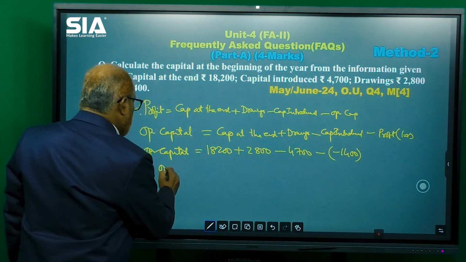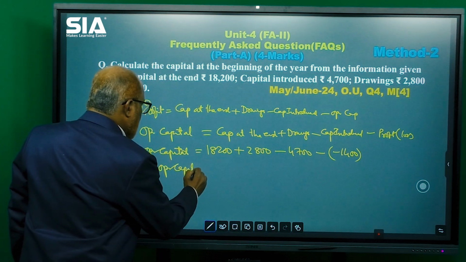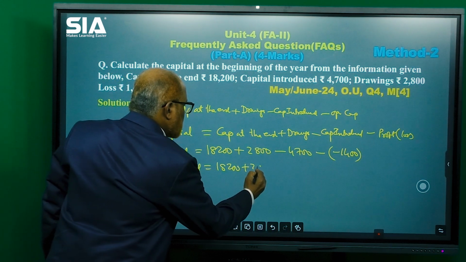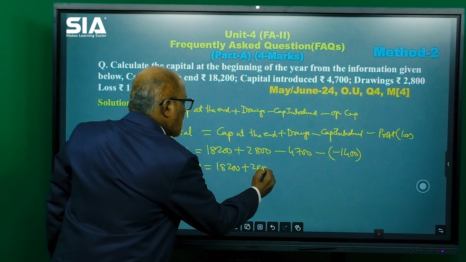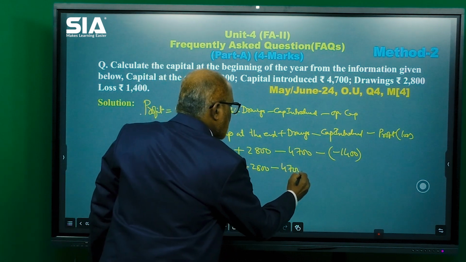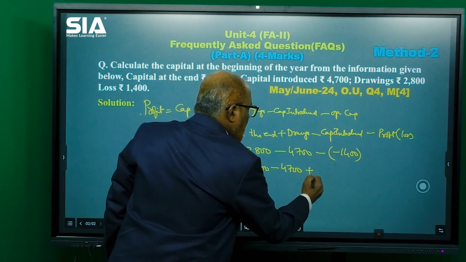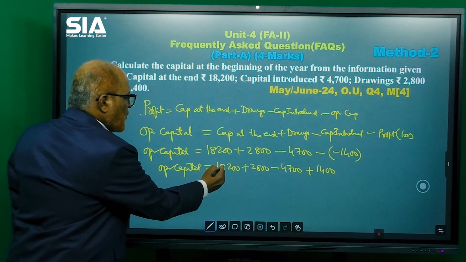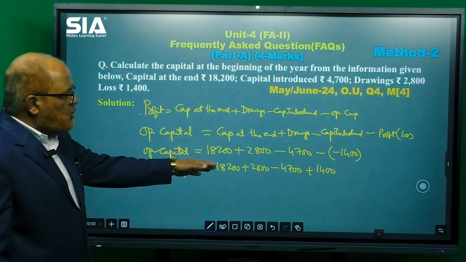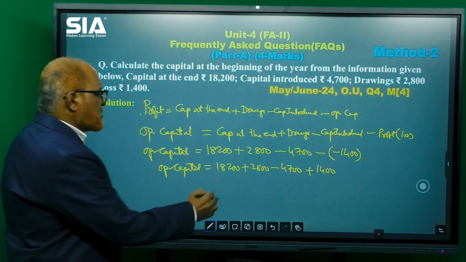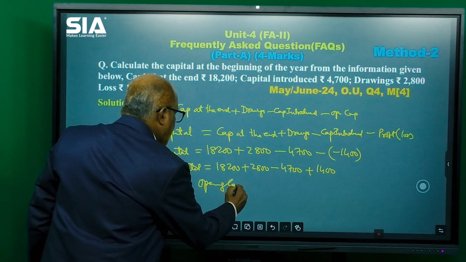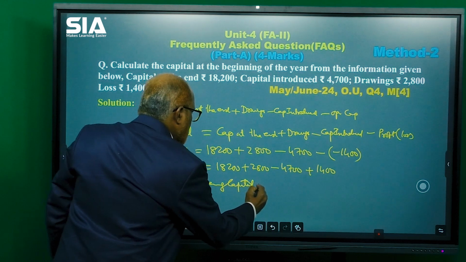So opening capital is equal to 18,200 plus 2,800 minus 4,700. Minus into minus will become plus 1,400. Now on the calculator, if you add up 18,200 plus 2,800 minus 4,700 plus 1,400, opening capital is equal to.